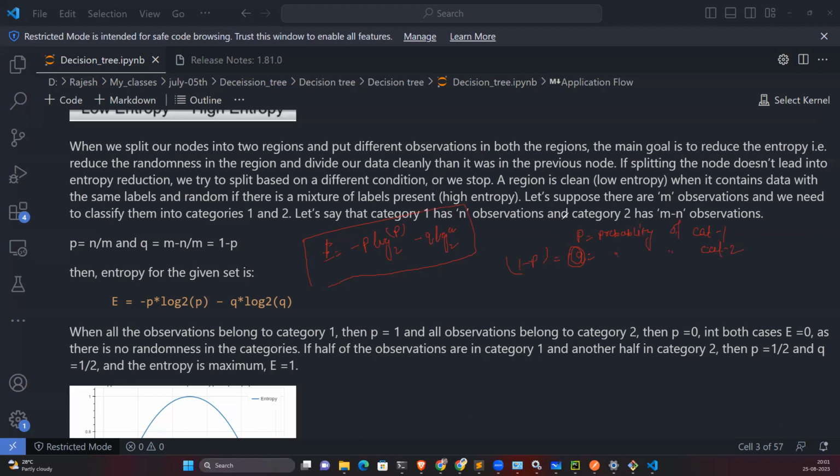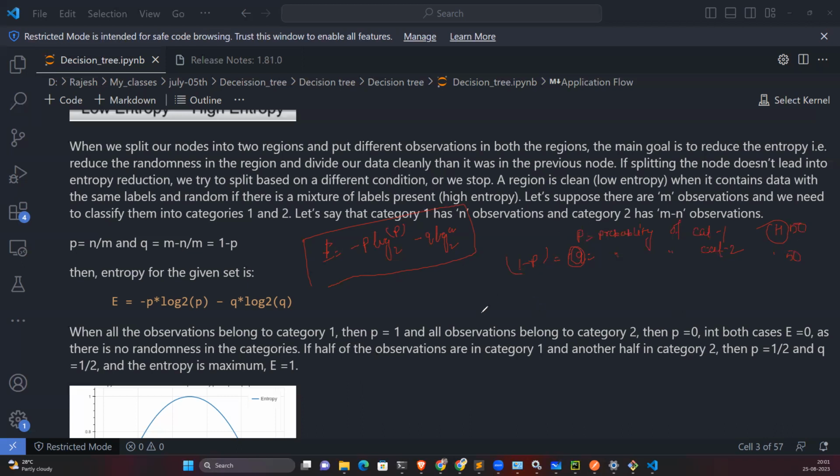Yes, obviously. Let's suppose you are tossing a coin. It can be either head or tail. So what is the probability of head? 50%. Then what is the probability of tail? It will also be 50%, because 100 minus 50 is 50%. So Q is nothing but 1 minus P.